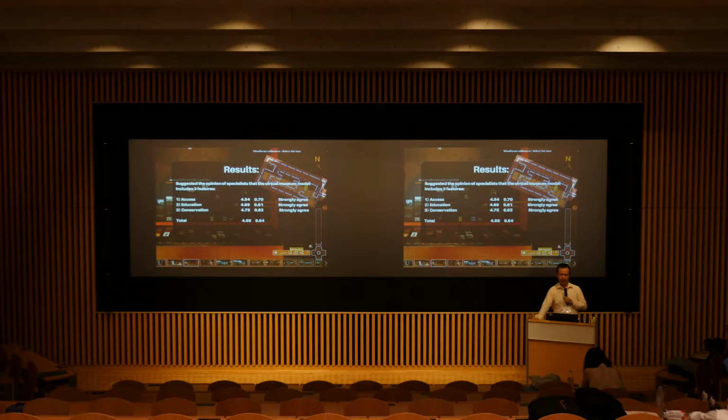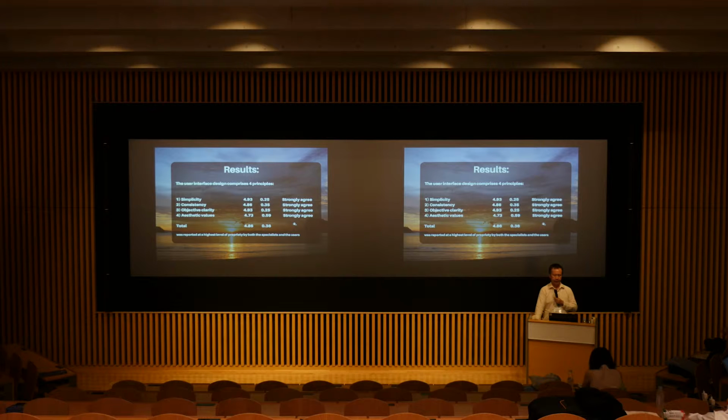And then this is the result. The conclusion comes to 3 features that a virtual museum should have: access, education, and conservation. The average is about 4.66 and the standard deviation is 0.64. So my conclusion is strongly agree.